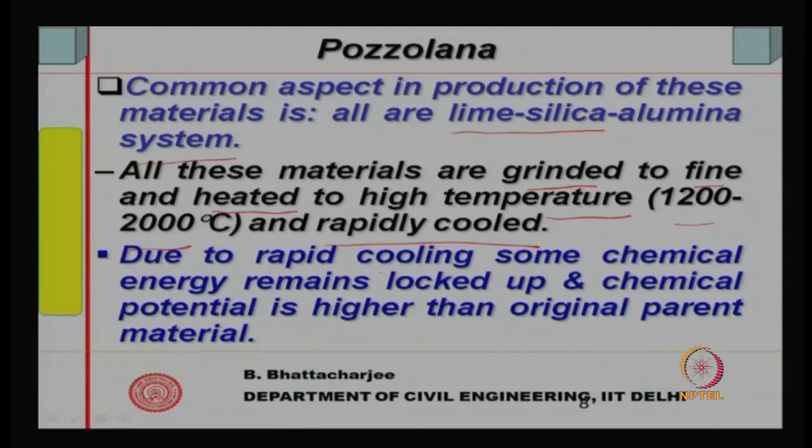Now, due to this rapid cooling, some chemical energy remains locked up as chemical potential, therefore, the chemical potential is higher than the original parent material. In case of fly ash the coal has been heated, and in case of silica fume quartz also has been heated. Both contain silica and some alumina, of course alumina in case of fly ash.